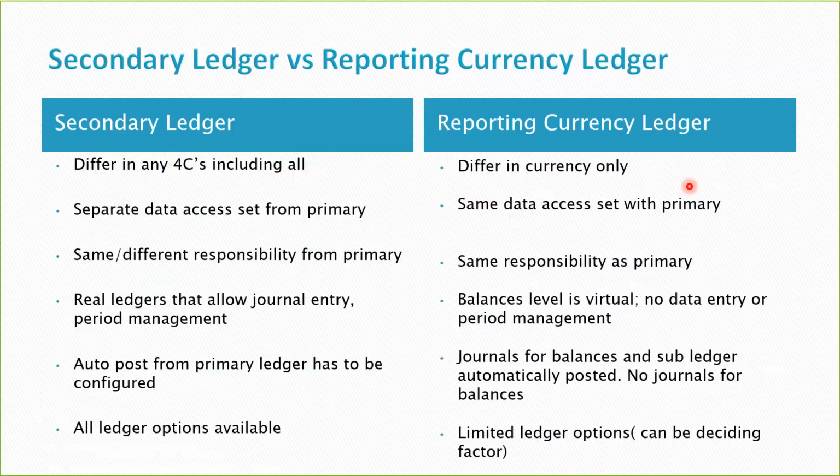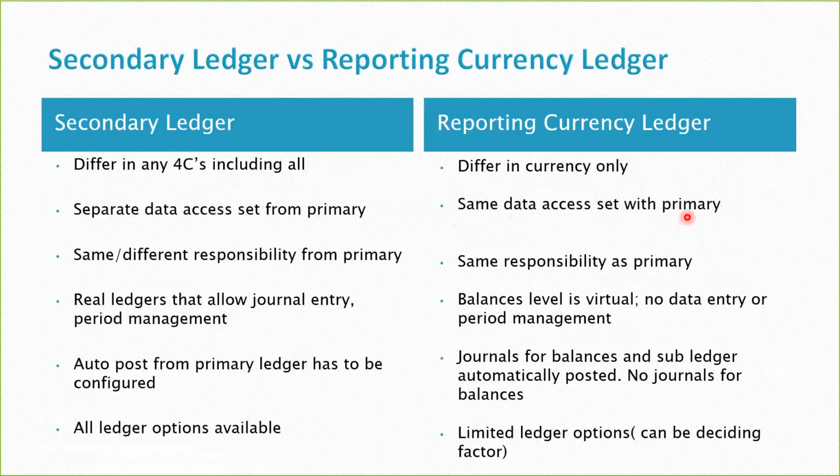So if you have created a reporting currency ledger and you go to the data access set screen, for example, if you have one primary ledger and you have created one reporting currency ledger, you will see one data access set for the reporting currency ledger, and then you will see another data access set that has the primary ledger and the reporting currency ledger together.